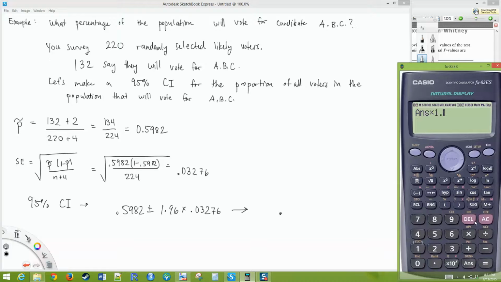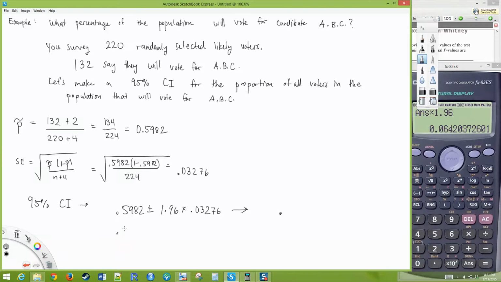Did we divide by 224? I entered it wrong. I forgot the second two. All right, there we go. Mystery solved.